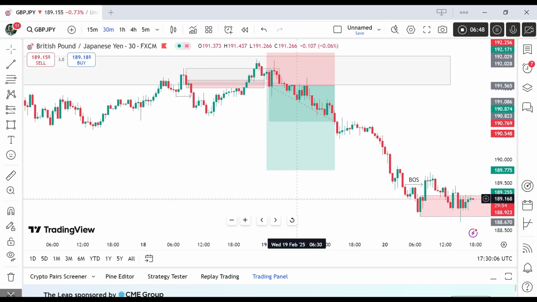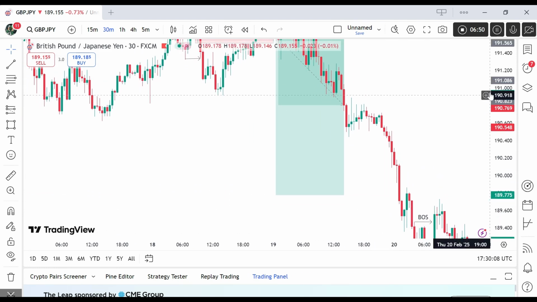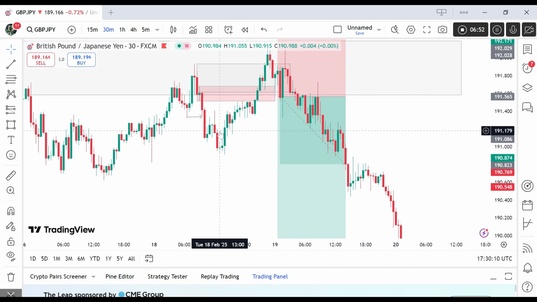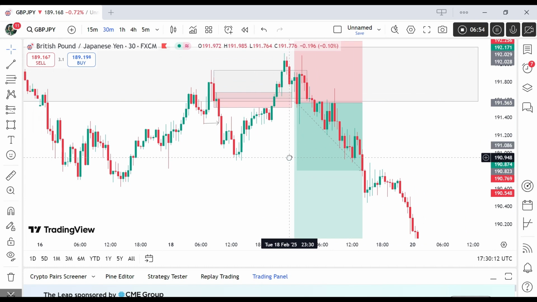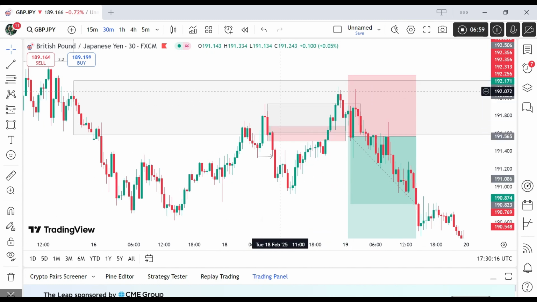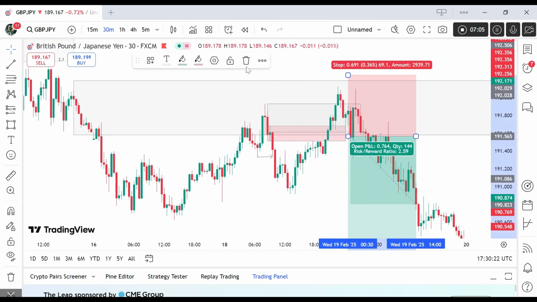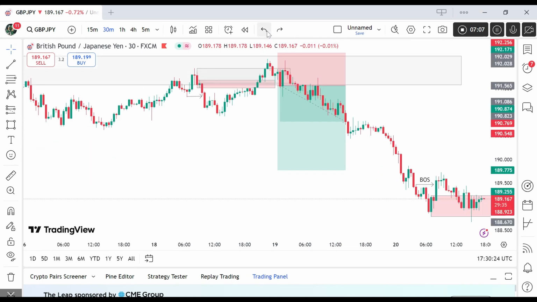But instead of doing that, I thought with the price action happening, price wouldn't be able to go back into this entry. So I just took this smaller supply zone right here, which ended up in a fill.